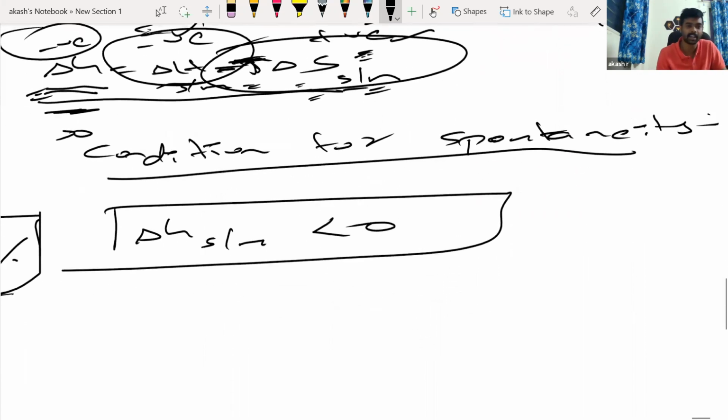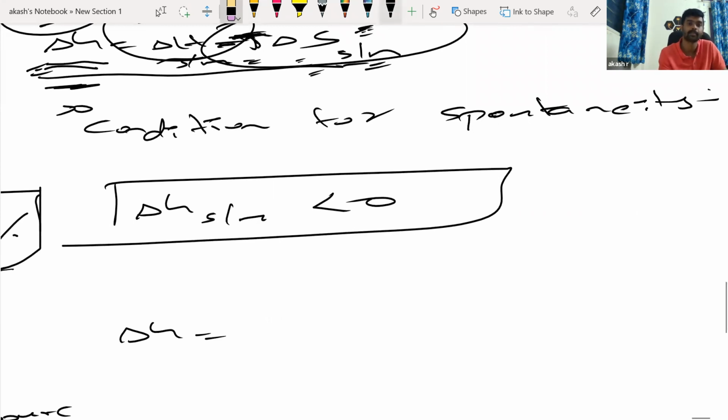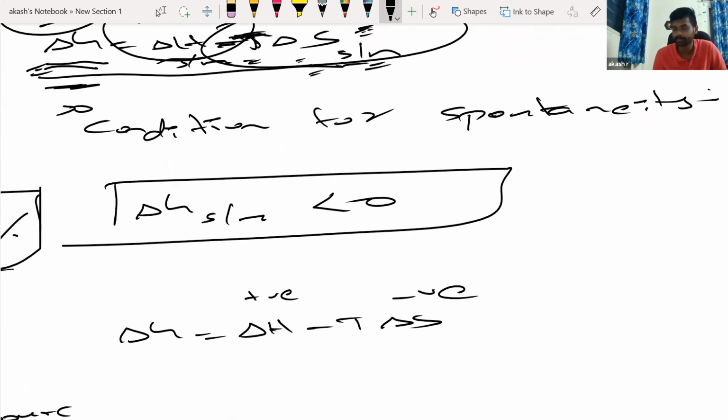But let us take another case. Delta G is equal to delta H minus T delta S. Say, for example, delta H is positive and delta S is negative. Whatever be the temperature, I want this to be negative overall, only then the reaction is spontaneous, right?